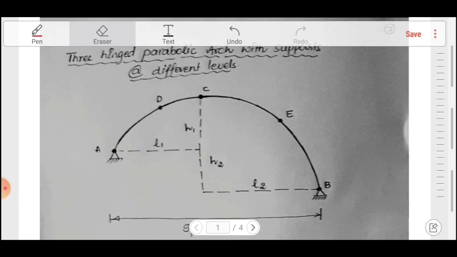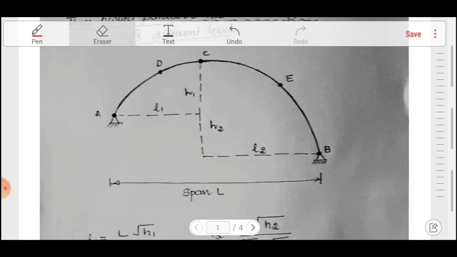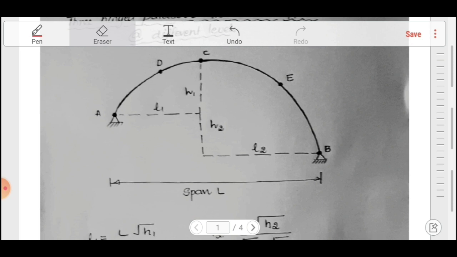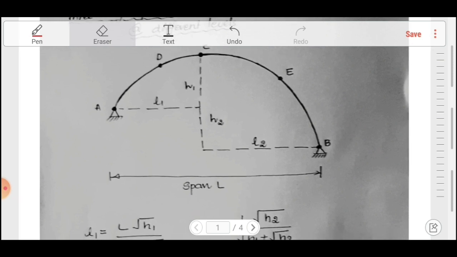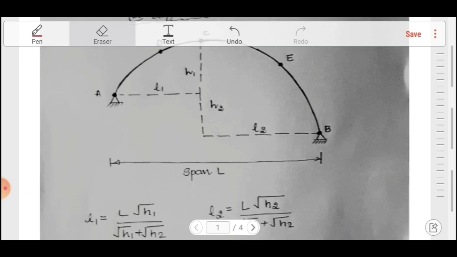And here in the usual problem, the height h1 and height h2 will be given, and the total span of the arch will be given, that is L. So you need to calculate the span of the smaller arch, that is half of it, L1, and the span of this larger arch, L2, that you need to find.